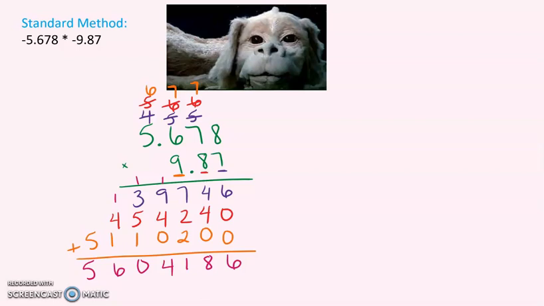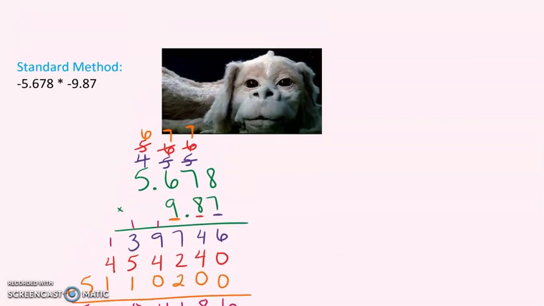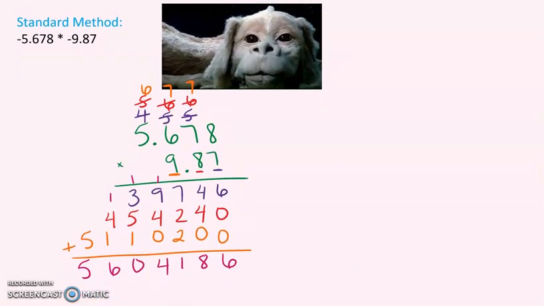So now we need to deal with this decimal point. The way that we figure out where it goes is that we need to count how many numbers in the original problem show up after the decimal point. So here I have 1, 2, 3, 4, 5 numbers show up after the decimal point in the original problem.